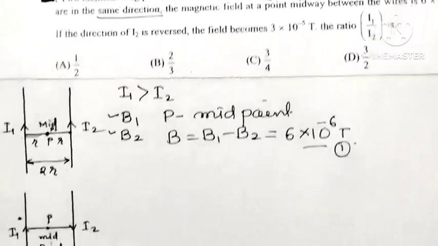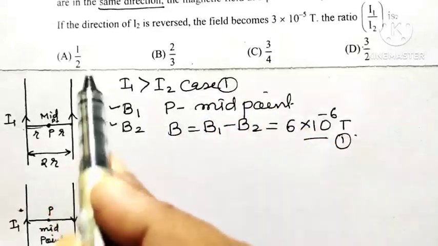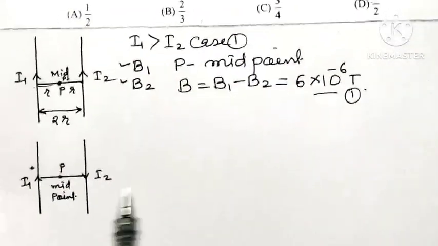This is about the first case, case number 1. Now in the second case, the direction of I2 is reversed.